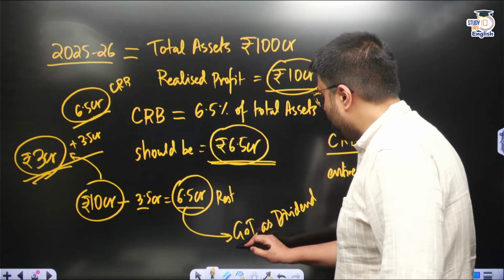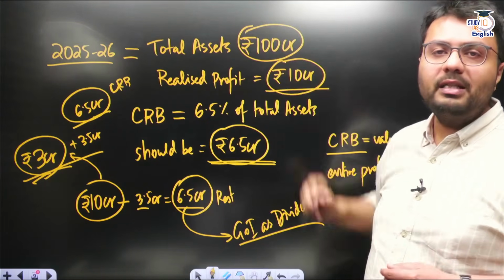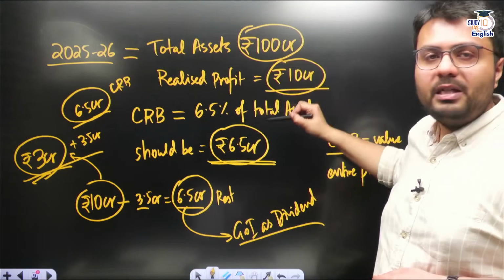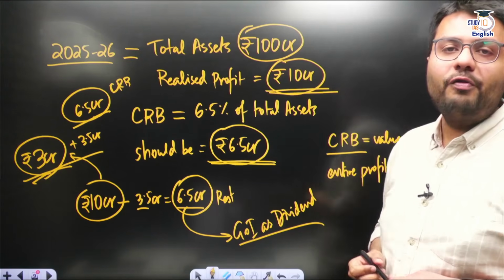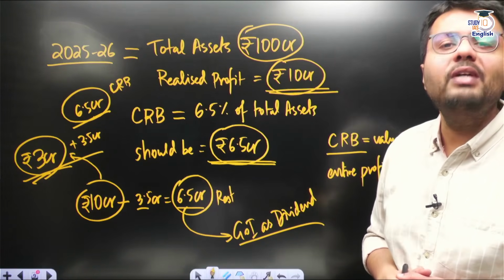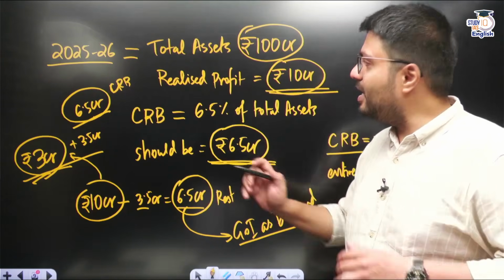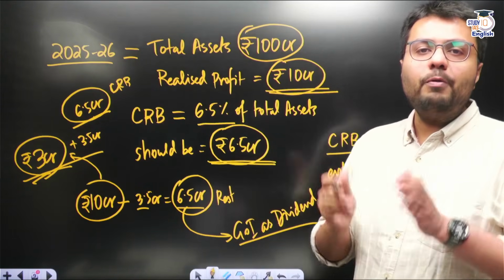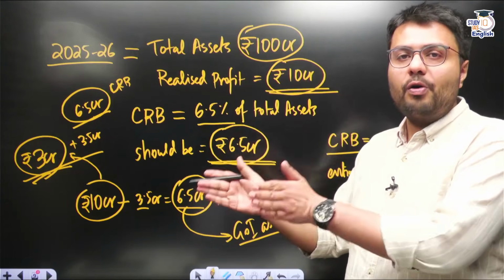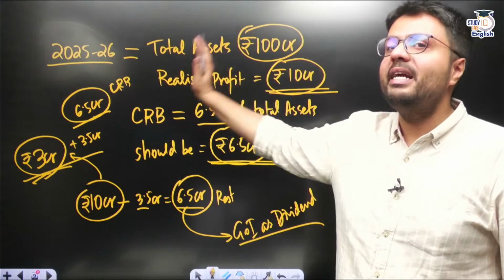Let me explain it to you again. First, RBI maintains some assets. Now from this, RBI makes a realized profit of 10 crore rupees. Is this entire 10 crore rupees transferable to the government? The answer is no. What RBI has fixed this year is that 6.5% of its total assets should be maintained as CRB.